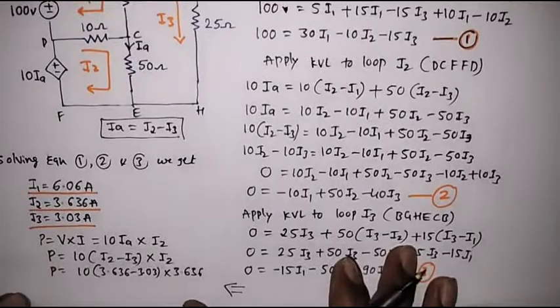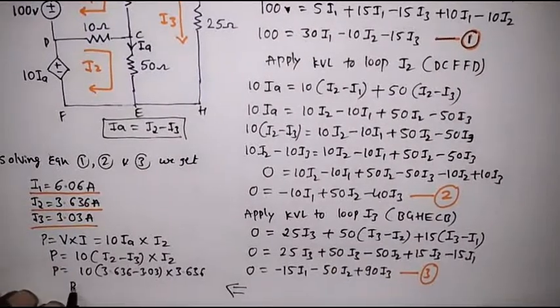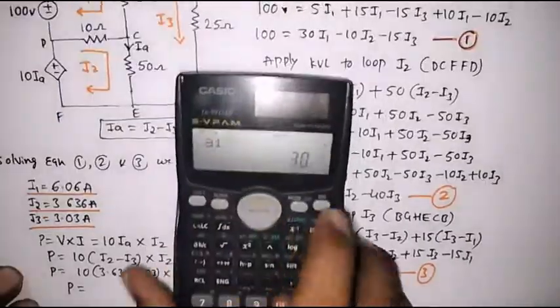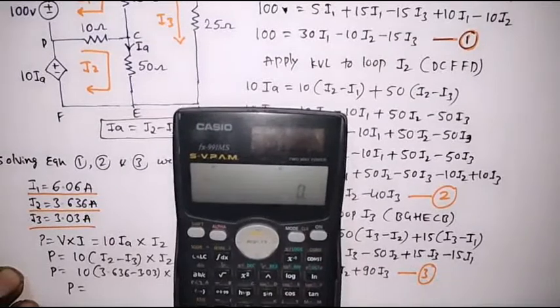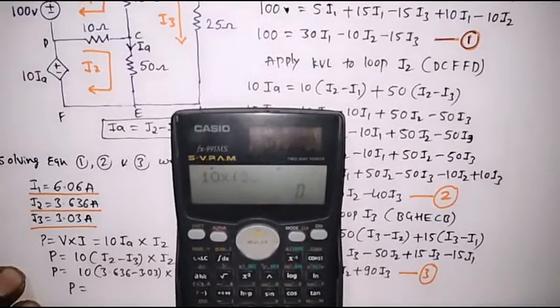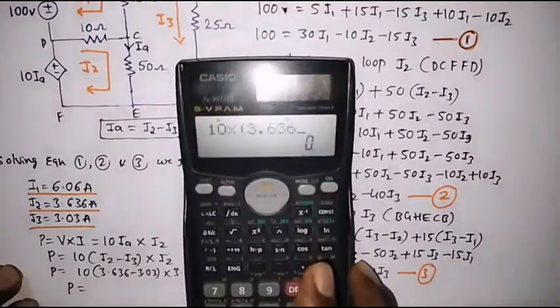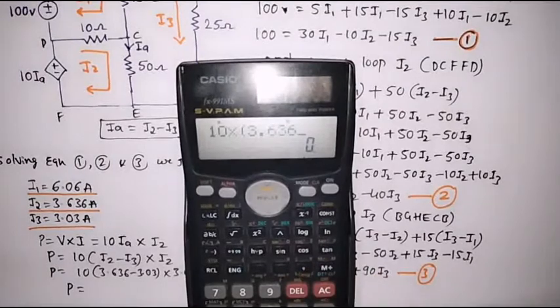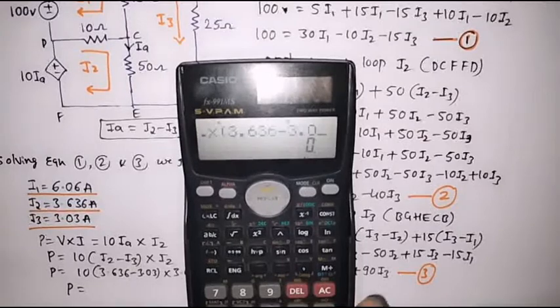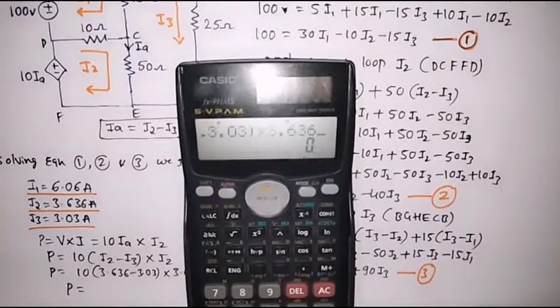Therefore, the final power delivered by the dependent source is 10 into 3.636 minus 3.03 into 3.636.